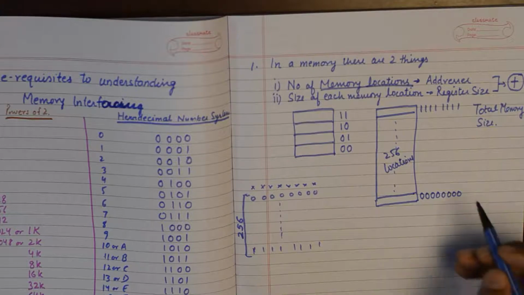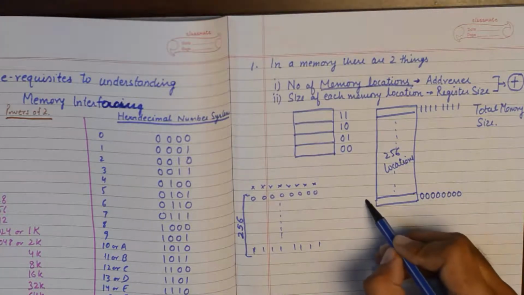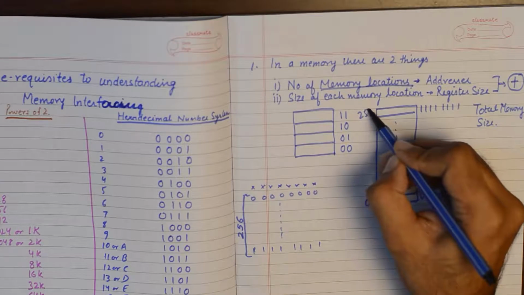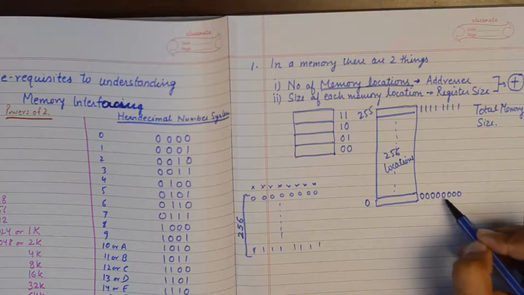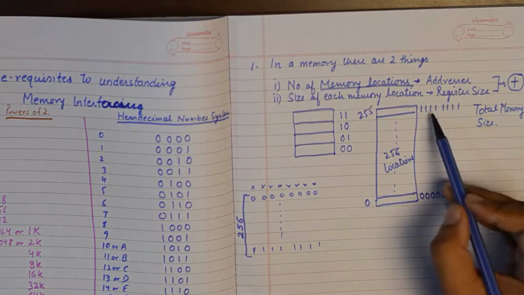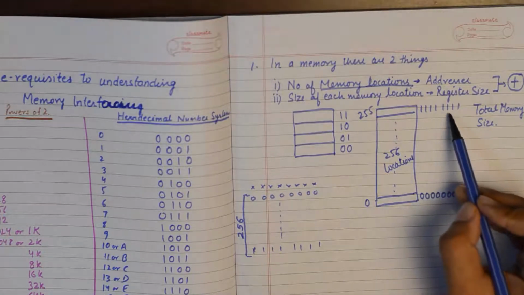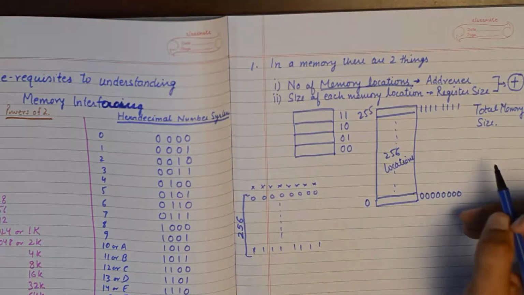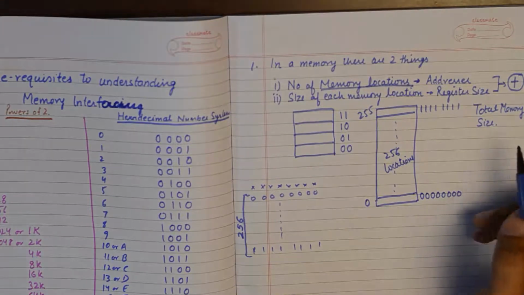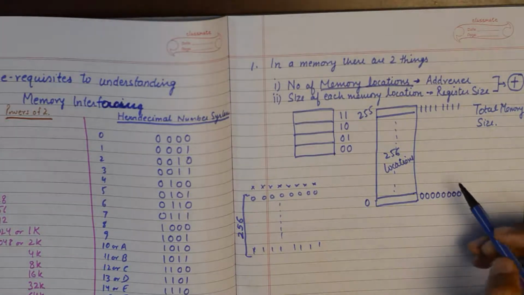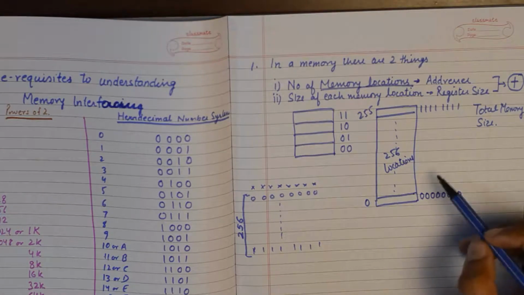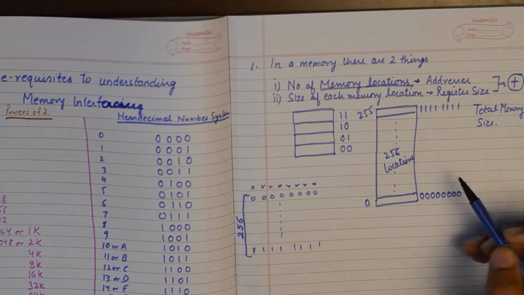So all in all, we have a memory that goes from 0 to 255 in decimal terms, or 00000000 to 11111111 in binary terms. This is supremely important to understand the rationale behind assigning addresses to different memory locations.